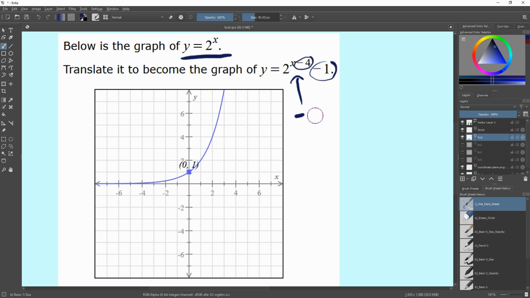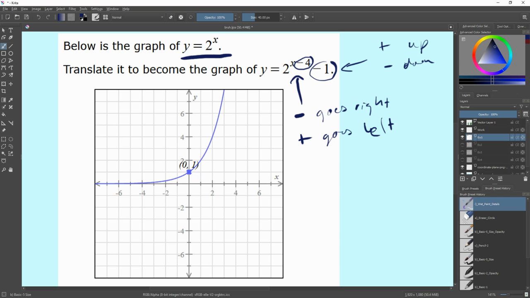So if it's negative, it goes right. And if it's positive, it goes left. So I'm sure you guys have seen the translations before. So this is not new to you. And this number here, if it's positive, it goes up. And if it's negative, it goes down.